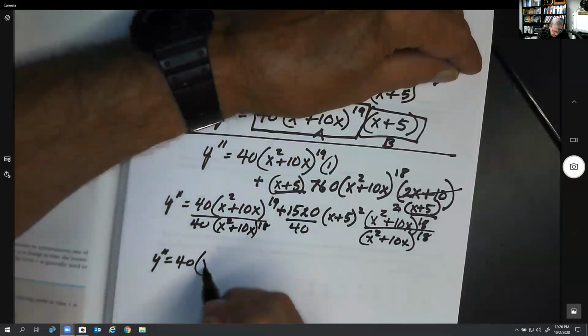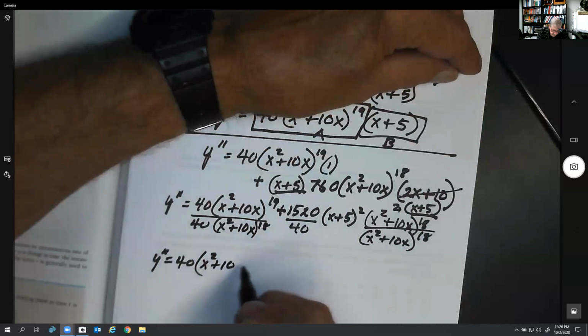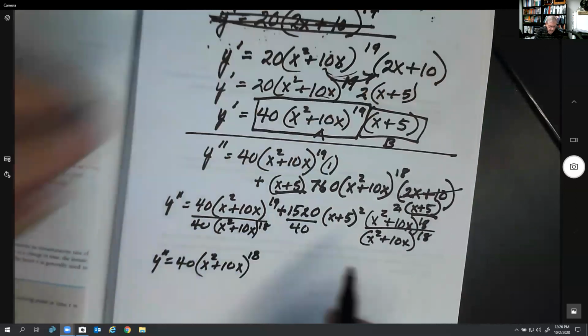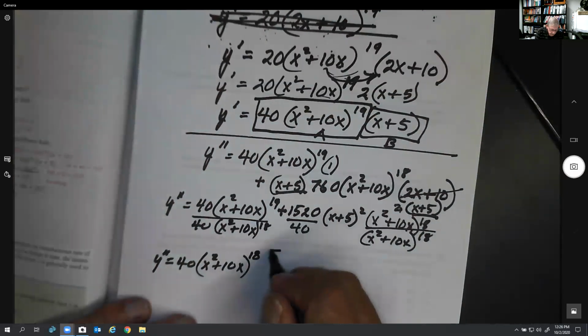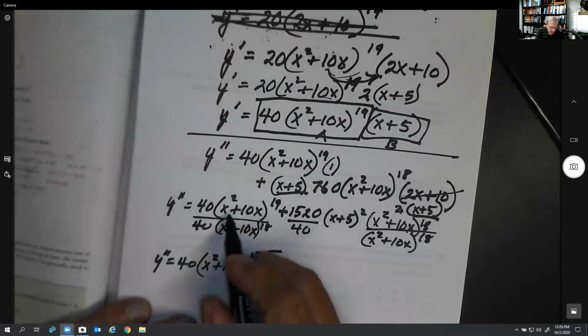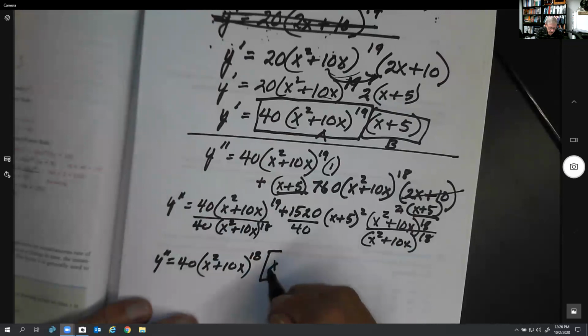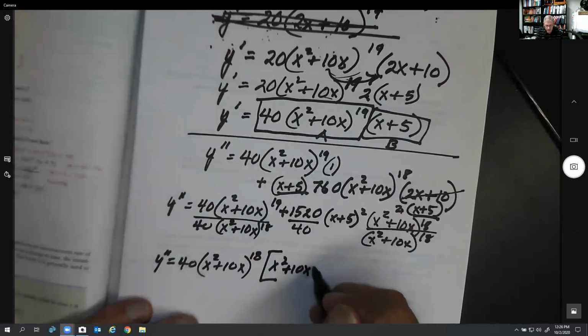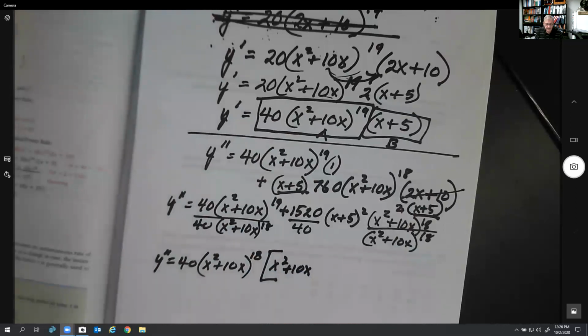And that's what we're factoring out. So what does that leave me here? Well, let's put a bracket here. That leaves me with x squared plus 10x to the 1 power. So I don't need to put the parentheses.